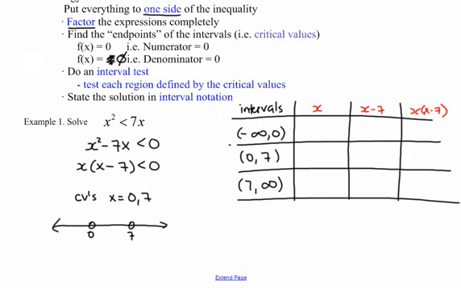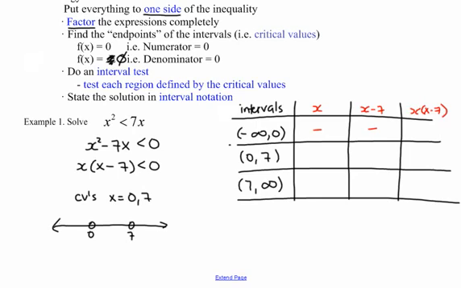Using the chart, which can be a lot of writing, we're going to test x. Between negative infinity and 0, x will always be a negative value. For x minus 7, pick a value between negative infinity and 0, say negative 1. Negative 1 minus 7 would be negative, always.